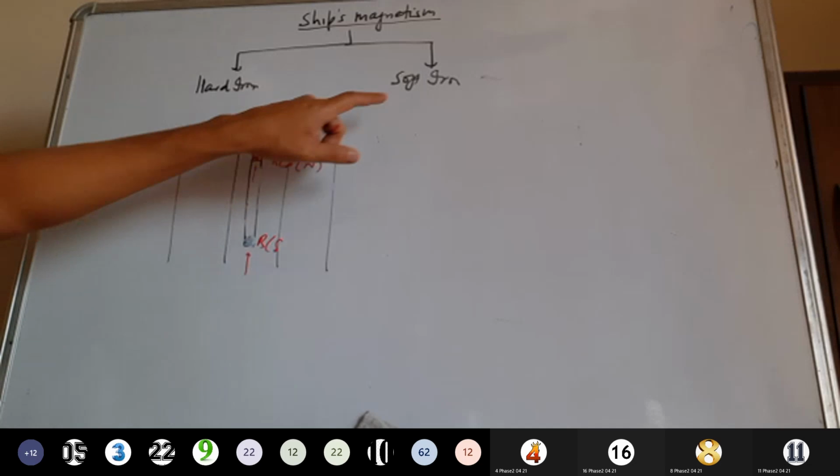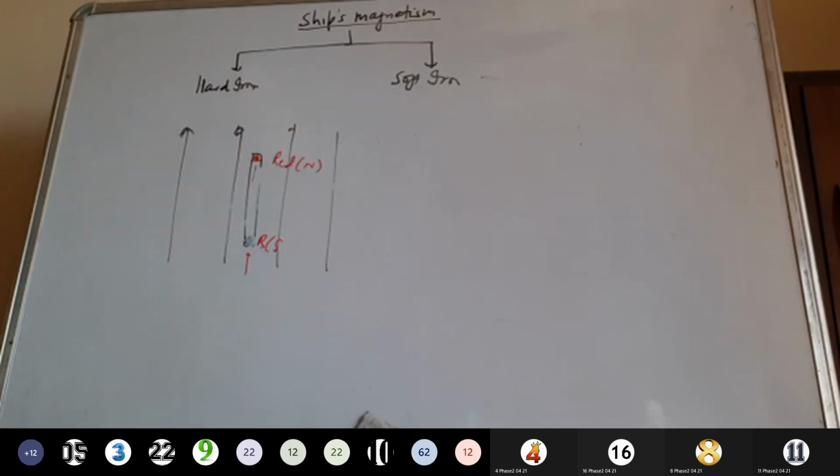You can say easy to magnetize and easy to demagnetize also. But there is nothing like perfect hard iron or perfect soft iron. So the iron which is predominantly acting as a hard iron, we call it hard iron. The iron which is predominantly acting as a soft iron, we call it soft iron.